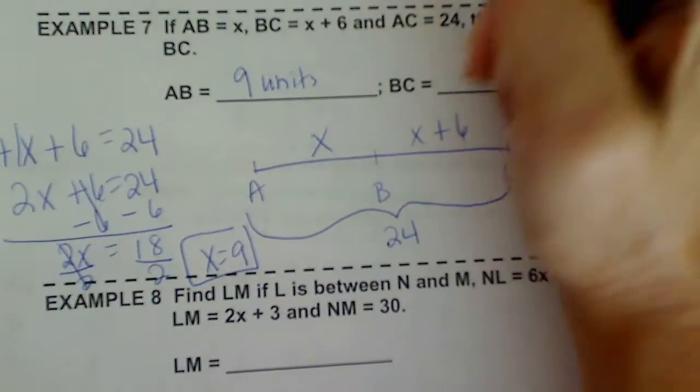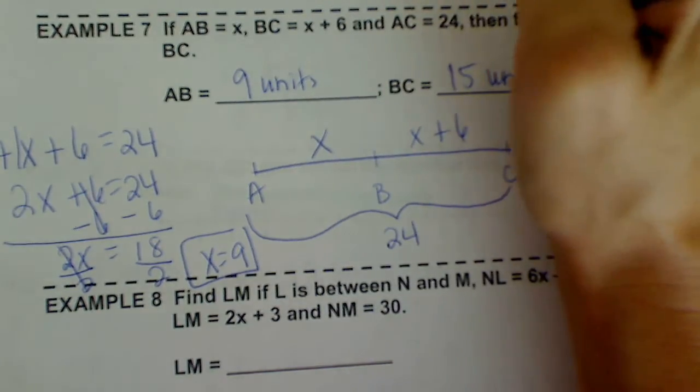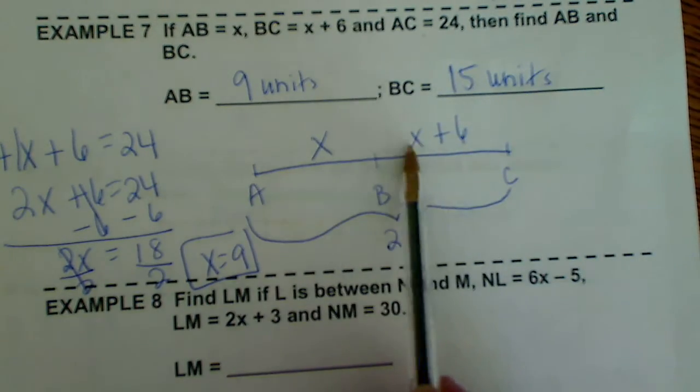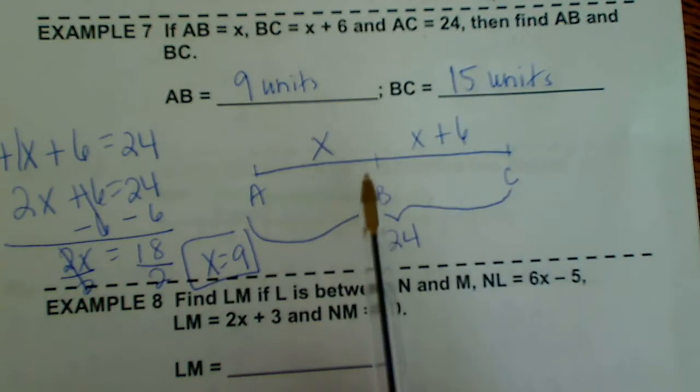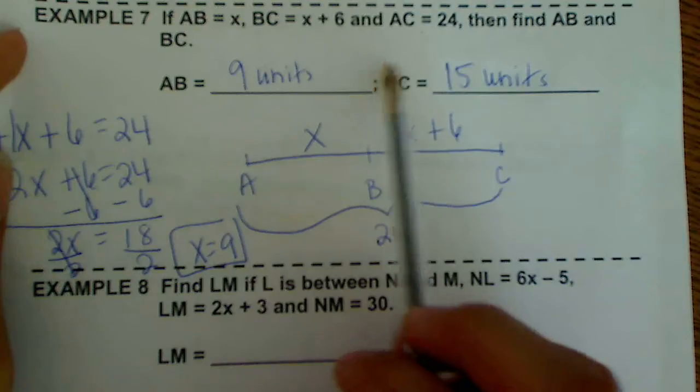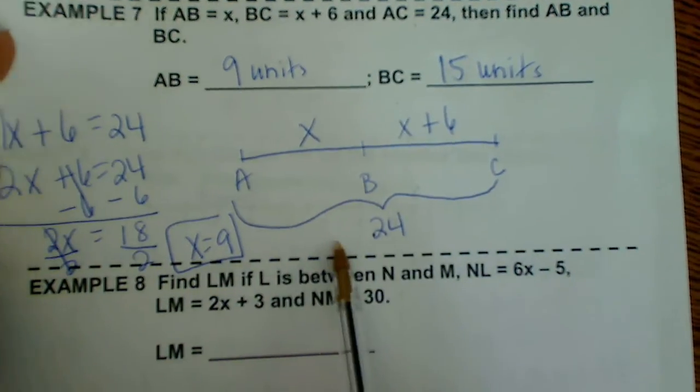Yep, 15 units. Because you're going to substitute this 9 in for x, and 9 plus 6 is 15. 15 plus 9 total is 24. Yes. Okay, we're going to draw that out.